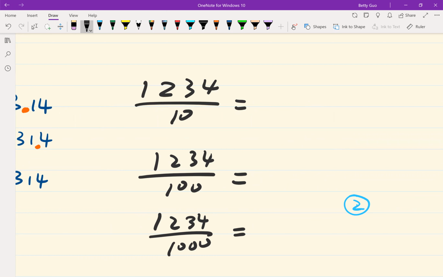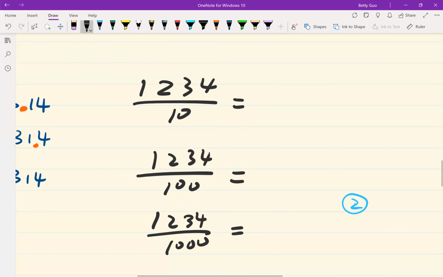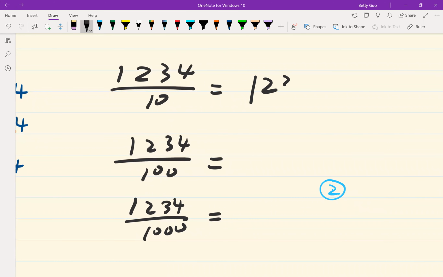Yeah, divide a number by a power of 10. Then you're going to move the decimal point to the left a certain number of times. When you divide it by 10, you move the decimal point to the left 1 time. So you have 1, 2, 3.4.